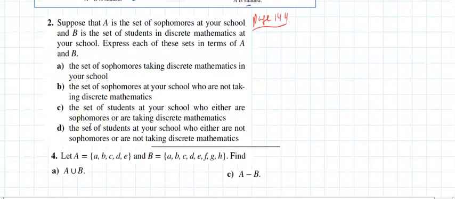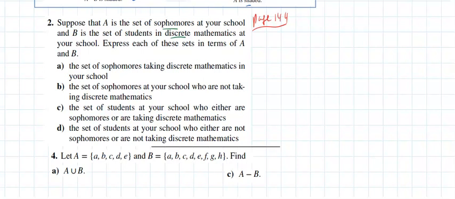On page 144, I'd like to look at some problems. And again, this is the first half of the section. Suppose set A is the set of sophomores at your school, and set B would be the students in discrete math of the school.